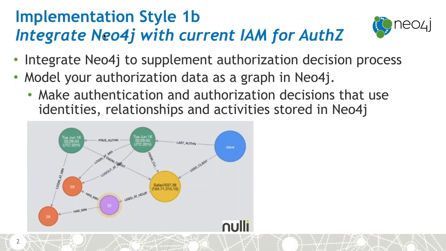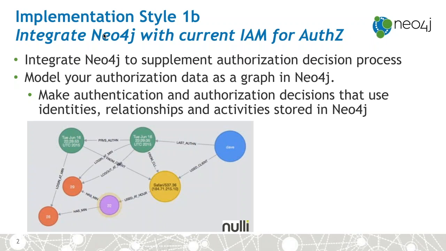This means you're modeling your authorization data as a graph in Neo4j, and making authentication and authorization decisions that use the identities, relationships, and activities stored in Neo4j. So it's not your system of record for all these identities or relationships, but you are using it to support your decisions.